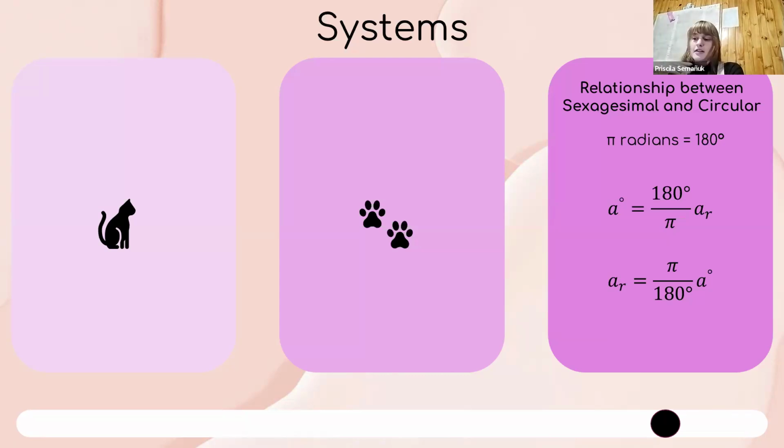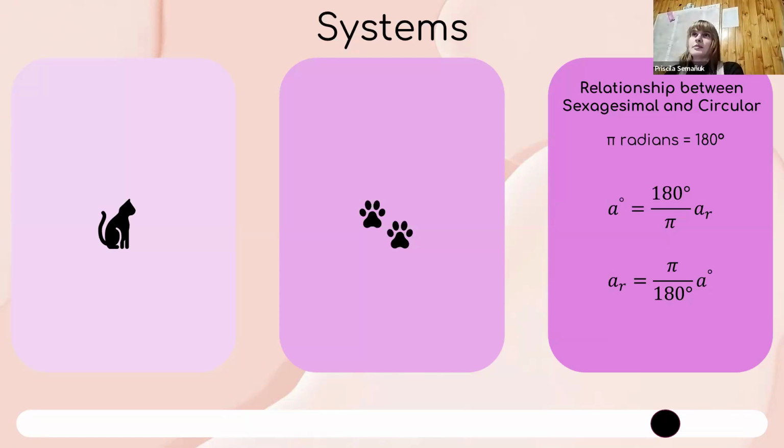Like I said, the sexagesimal system is more for everyday use. For example, when we are looking for coordinates, I'm sure you know someone who plays Minecraft. We can locate different points with the sexagesimal system. Or if you open Google Maps and choose a random point, you will get the address and also a sexagesimal pinpoint location.